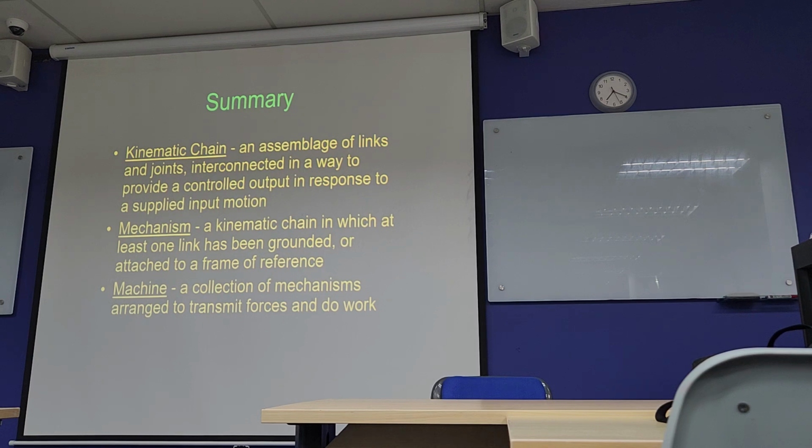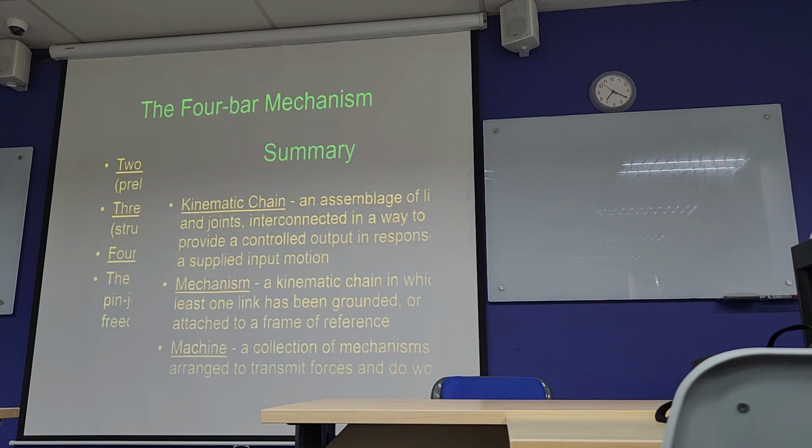Based on the degree of freedom, we can categorize a system as a mechanism or a structure. For a mechanism, the degree of freedom should be positive. A machine is a collection of links and joints so that it can transmit forces and do some meaningful work.